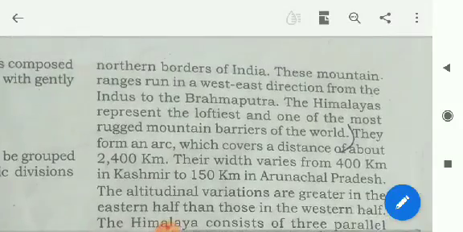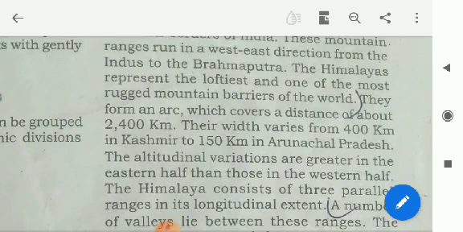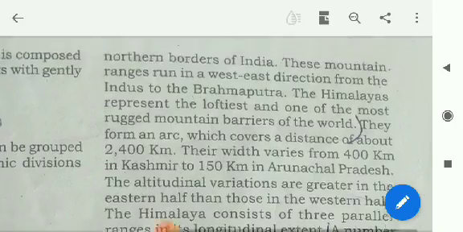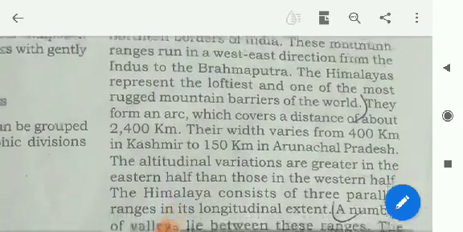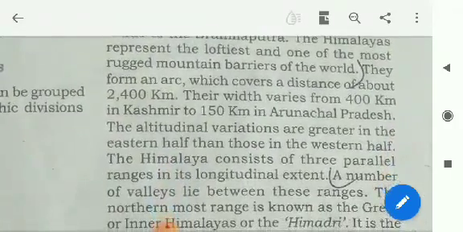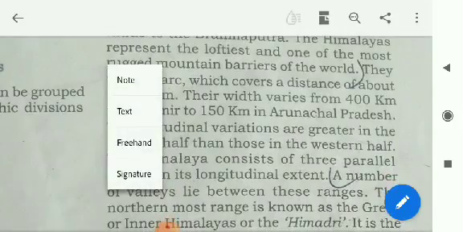These mountain ranges run in a west-east direction from the Indus to the Brahmaputra. The Himalayas represent the loftiest and one of the most rugged mountain barriers of the world.